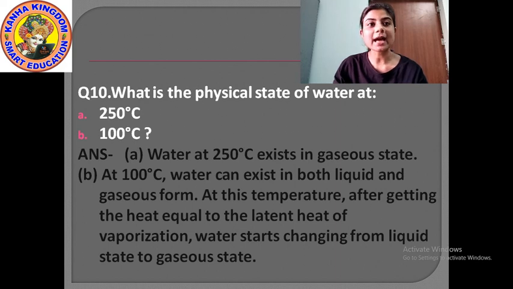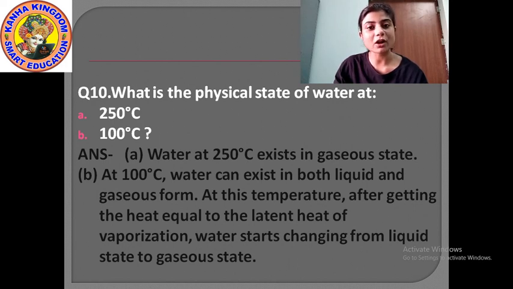Okay, so at 100 degrees Celsius, water can exist in both liquid and gaseous form. At this temperature, after getting heat equal to the latent heat of vaporization, water starts changing from liquid state to gaseous state.